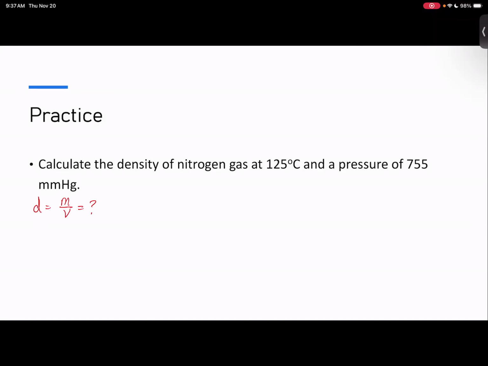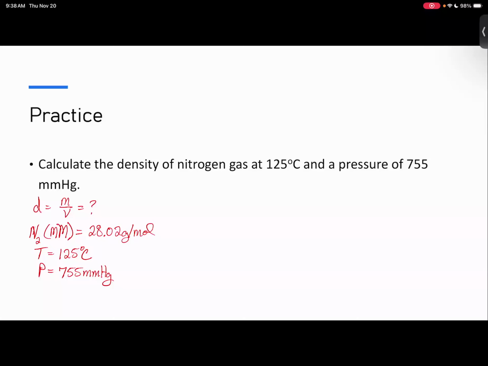We are told that we are working with nitrogen gas, which is N2, so the molar mass of the gas is 28.02 grams per mole. The temperature of the gas is 125 degrees Celsius, and the pressure of the gas is 755 millimeters of mercury.